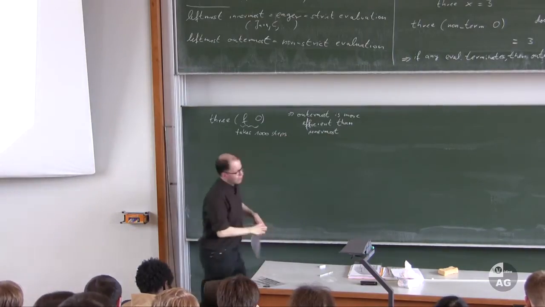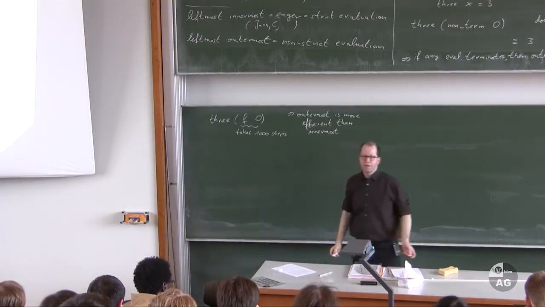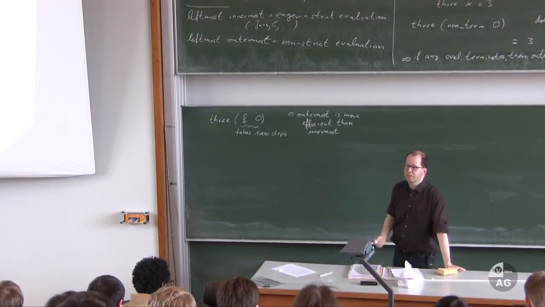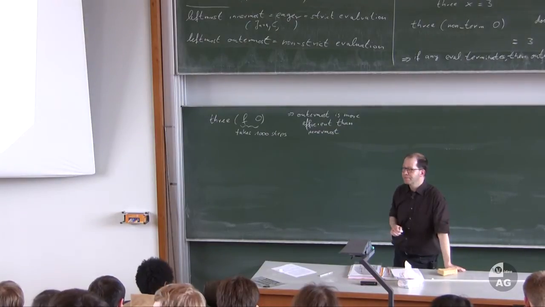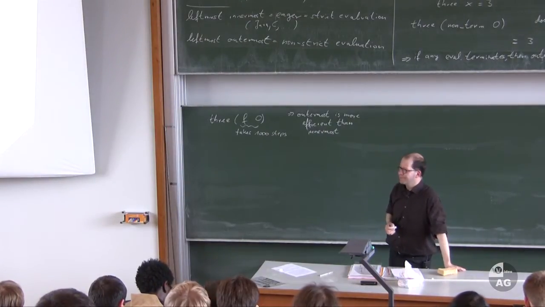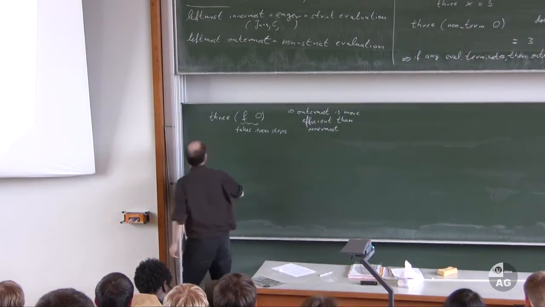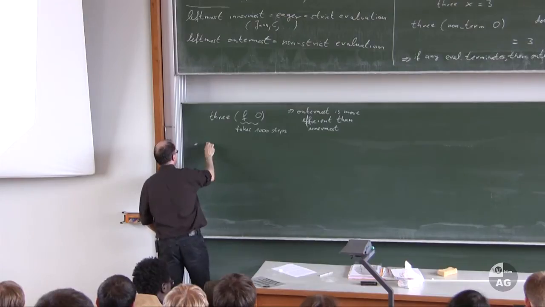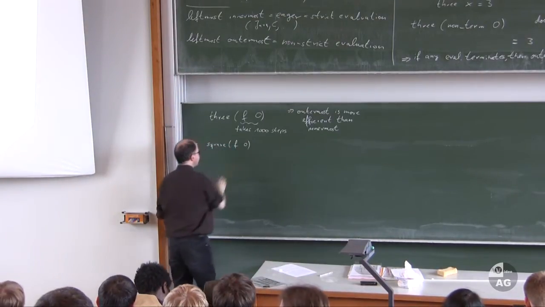So this looks as if outermost is always better than innermost, but is that really true? Or can you think of examples where it's the other way around, where innermost is better? Yes? You use square of this function, and then you need 2,000 steps for outermost. Yeah, okay, so what happens if I do square of this nasty thing?